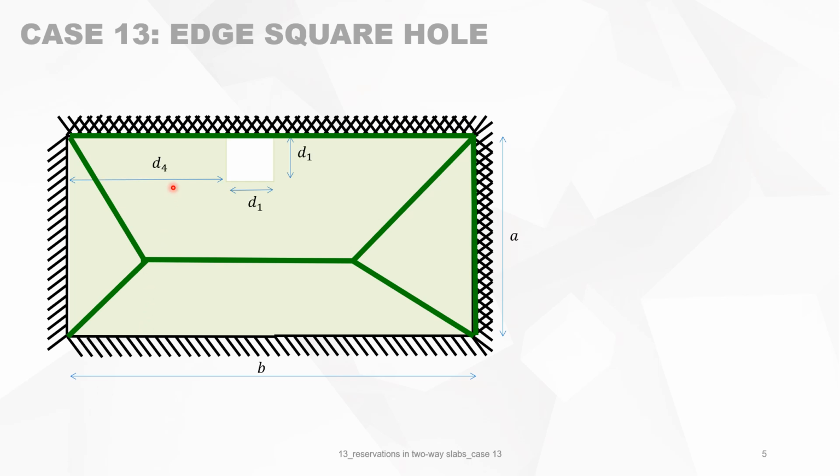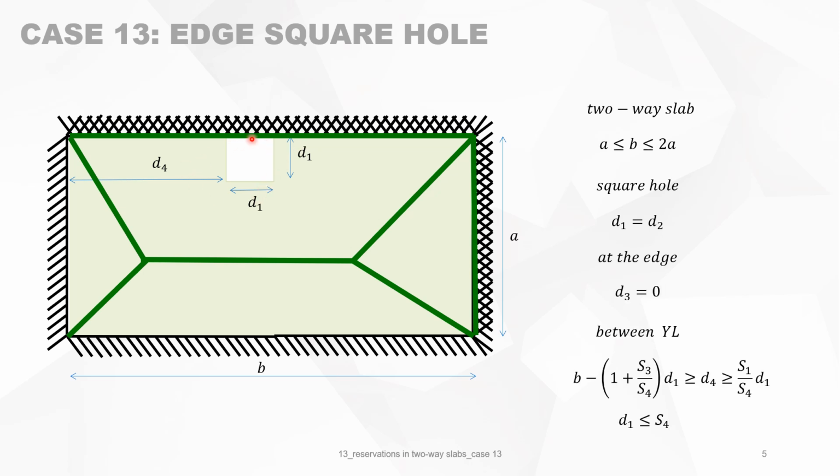Now let's look at the different geometric parameters. It's a two-way slab, so the distance B must be between A and 2A. Square hole D1 equals D2. At the edge D3 is 0.